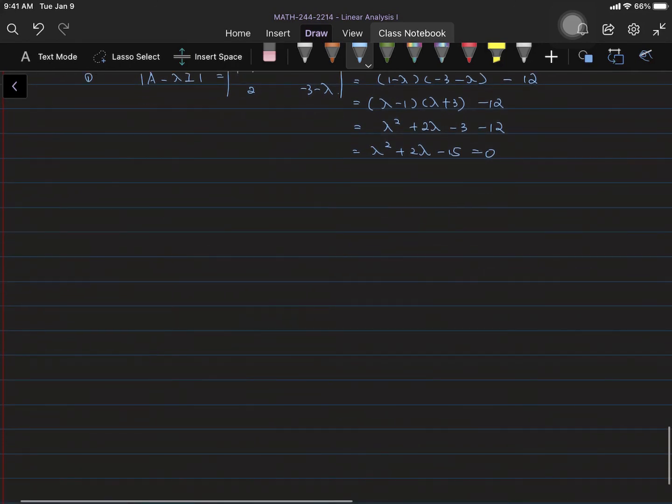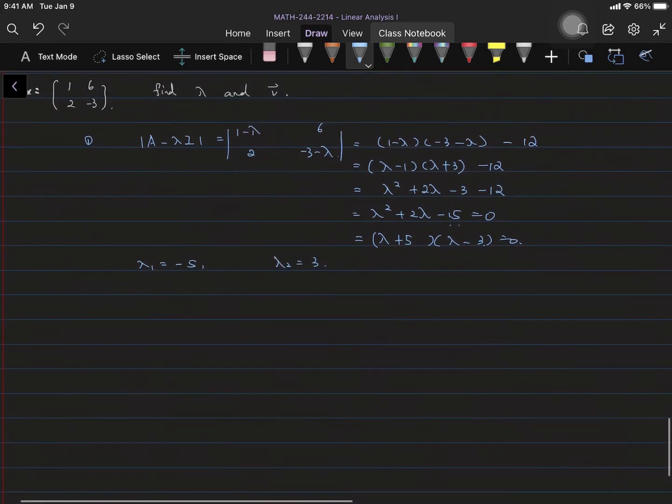Set this equal to 0 and factor this out. So lambda should be 3, 5. So plus 5 minus 3, right? So lambda 1 equals -5, lambda 2 equals 3. That's the first step. Second step, for lambda equals -5, plug into A minus lambda I: 1 minus -5, 1 plus 5, 6. -3 minus -5, -3 plus 5 should be 2.